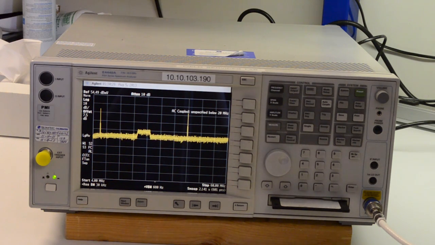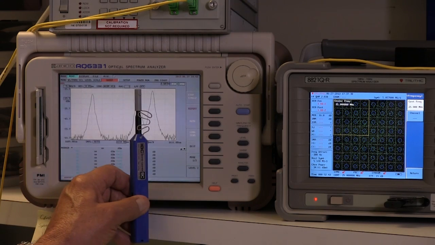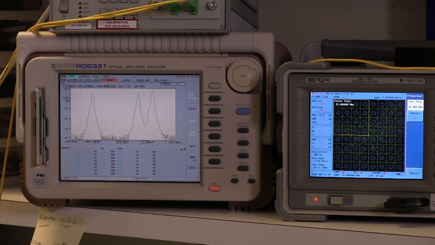Now, if you leave this on long enough, it will drift out the other side here, and your service will become normal again. However, Mr. Jones is not a real patient man.